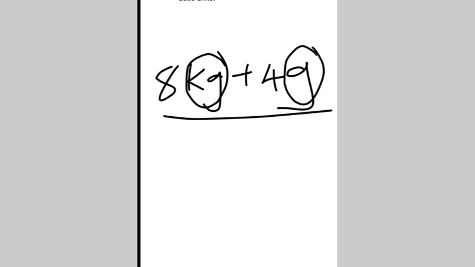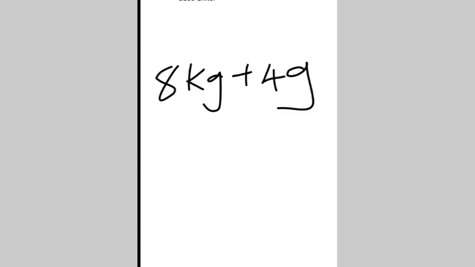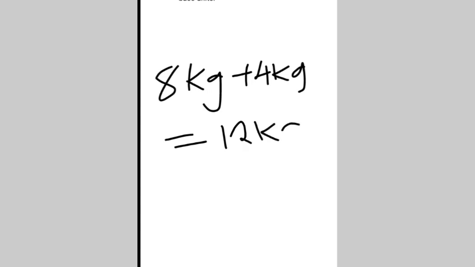So one of the rules that we need to understand when it comes to adding the units is that the units have to be the same. They have to be of the same kind. So in this case, if we have 8 kilogram, it means that we should also have 4 kilogram for us to have the total of what? 12 kilograms.